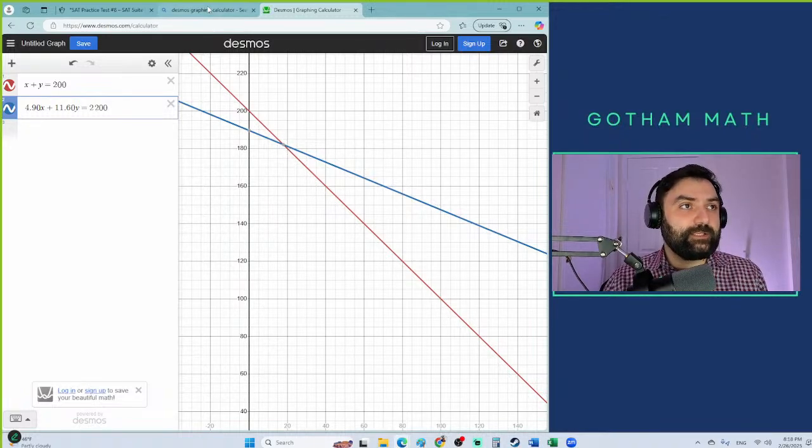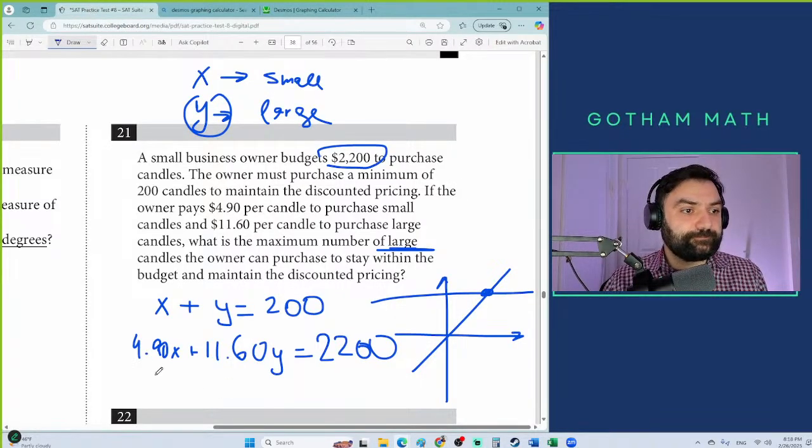That's the answer, 182. Let's see if I can confirm this as the answer. Yes, I just confirmed it. The correct answer is 182.